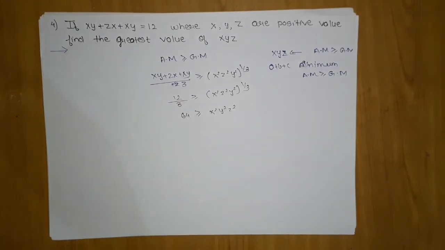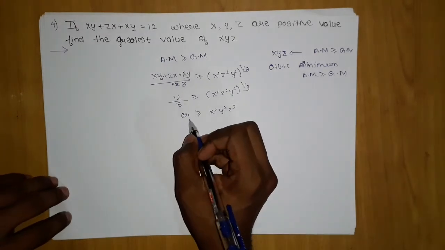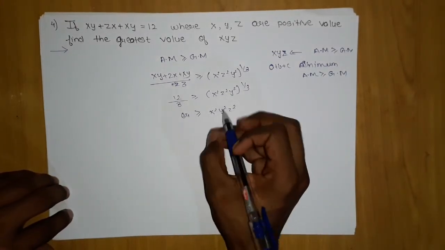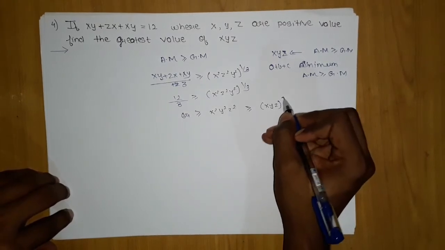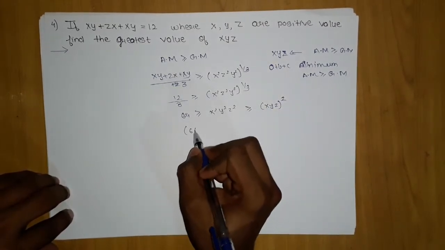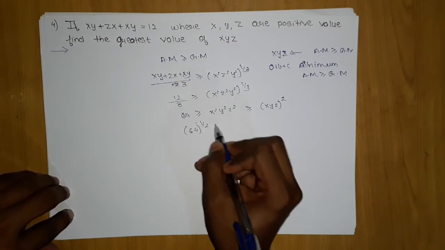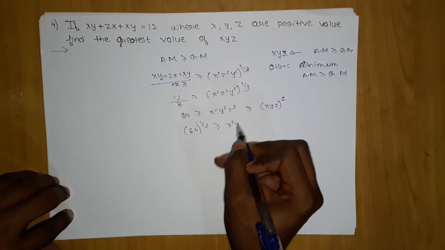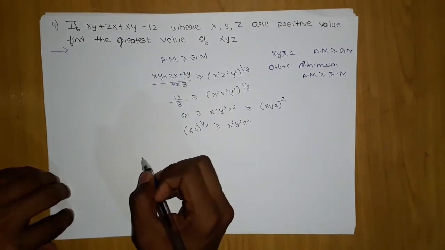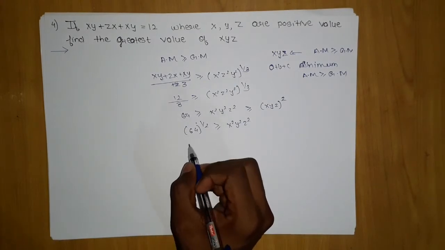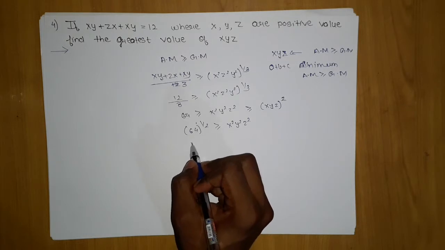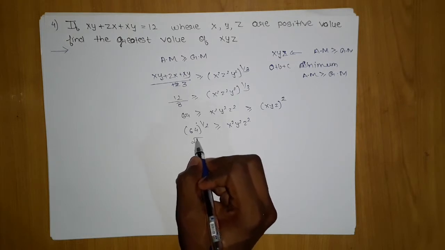What we can do when we move here, this we can write as xyz, because we want that value. This will be 2 square. When I move it here, it will be under root of 64 x square y square z square. This will be nothing but under root 16 2.